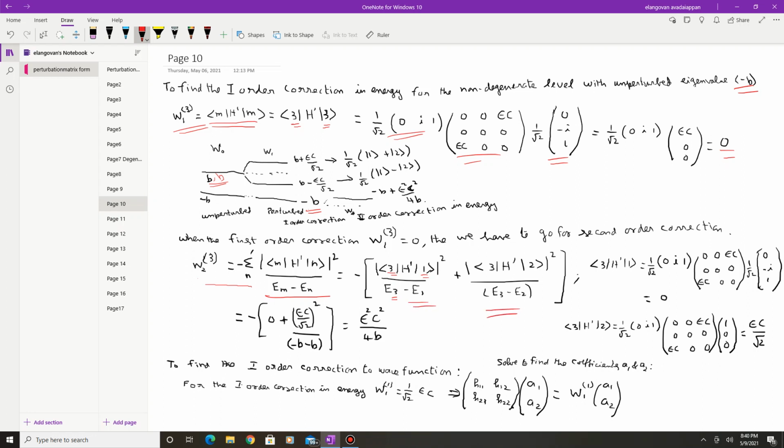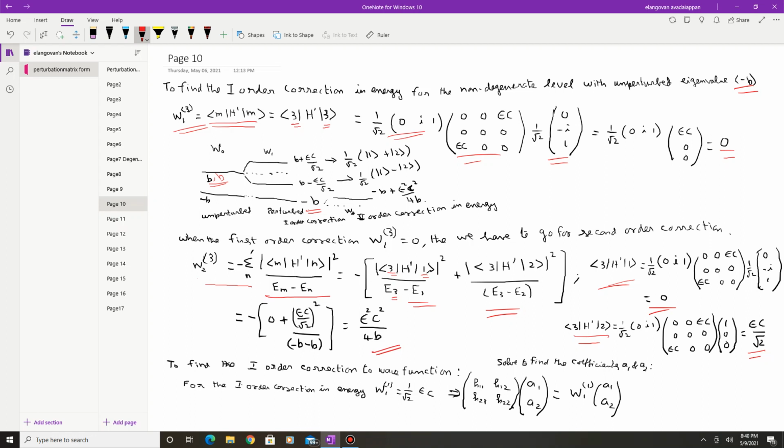Now 3 H prime 1, once we evaluate, this is 0. 3 H prime 2, for the state 2 and state 3, H prime everything is available, and this value is found to be epsilon c by root 2. So if we substitute this value here, this is found to be epsilon square c square by 4b.